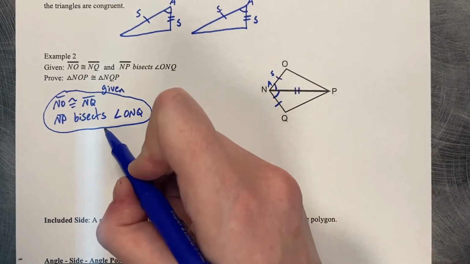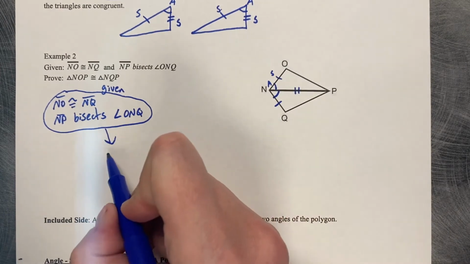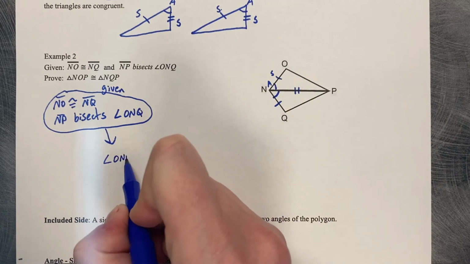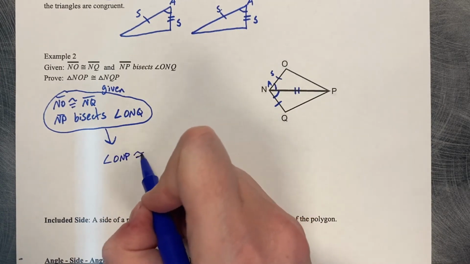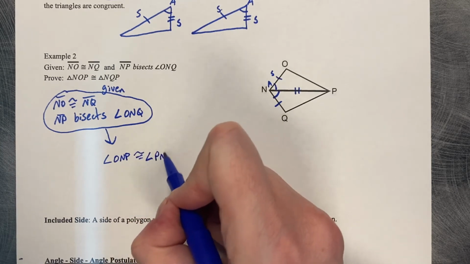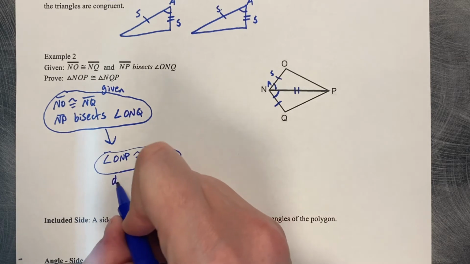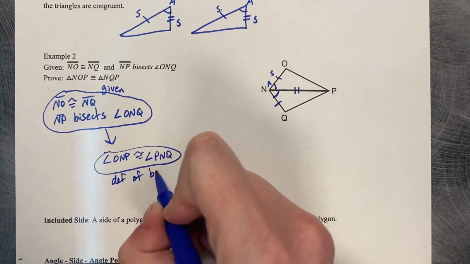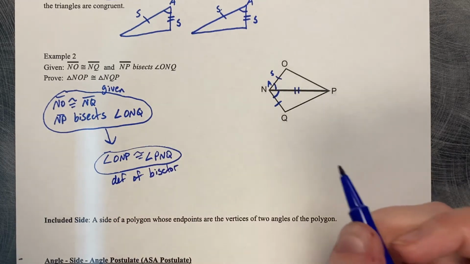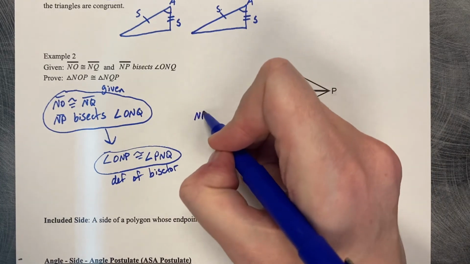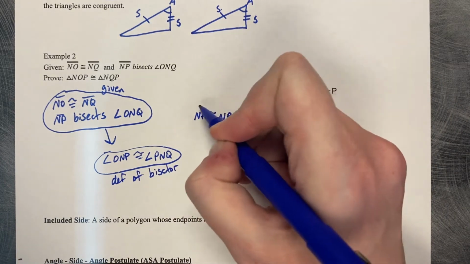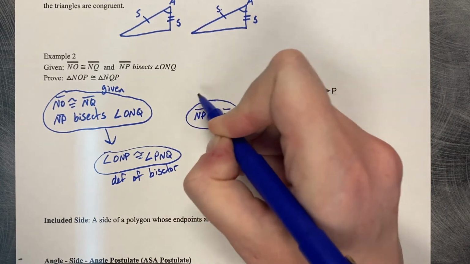So now that it bisects, we can talk about the angle part. So angle ONP is congruent to angle PNQ. That's by the definition of a bisector. Then we're going to say NP is congruent to NP by reflexive.